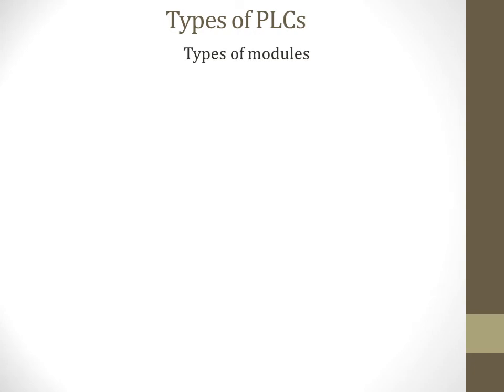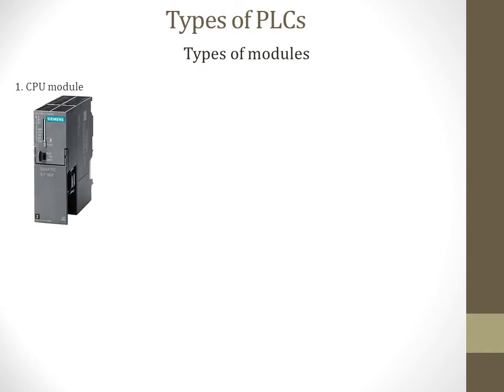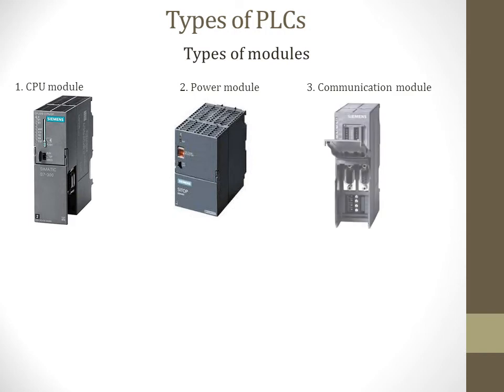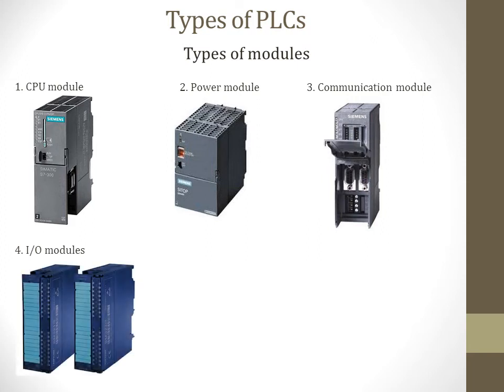So let's talk about types of modules. First and main module is the CPU module. Next important module is the power module. Next we have communication modules, and the next type of modules is input and output modules.